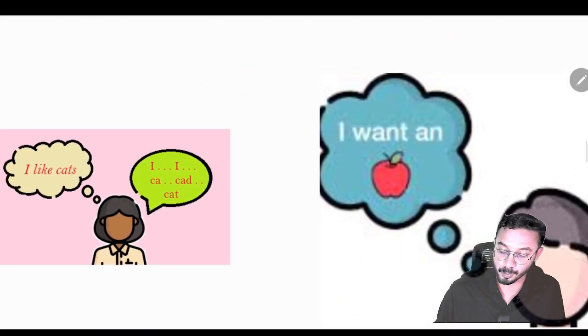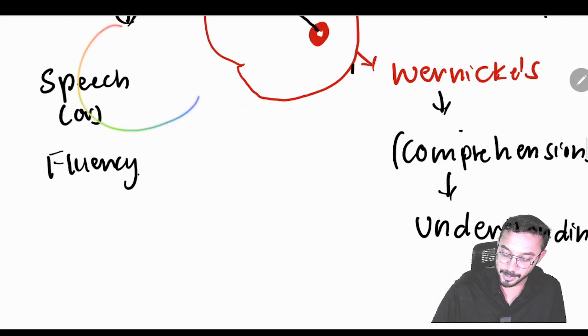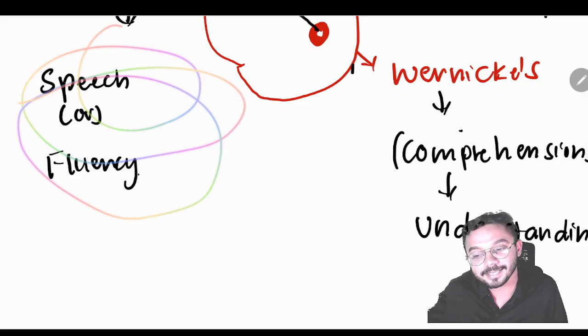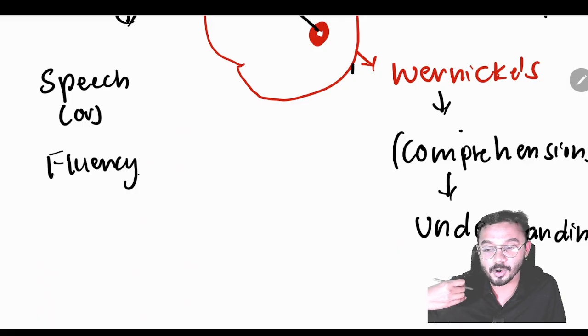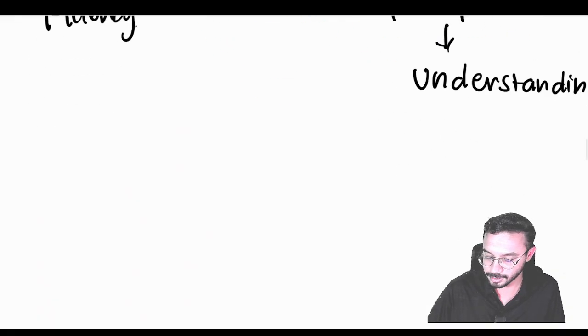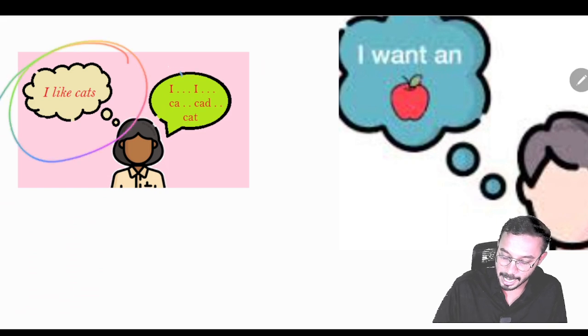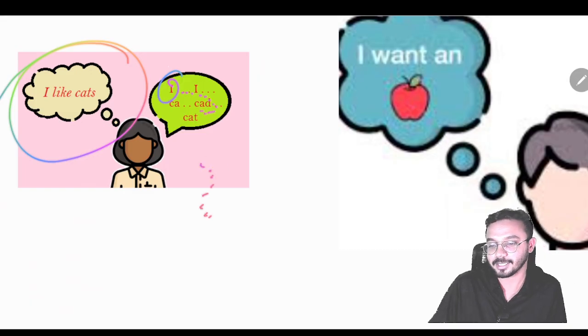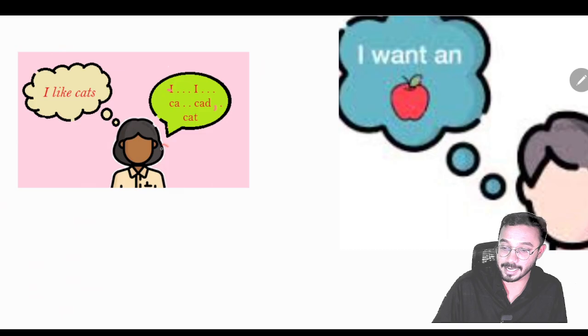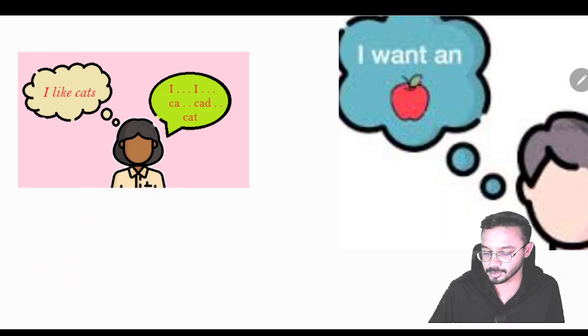So if Broca's area gets damaged, what will happen? The person can understand, but cannot speak. Fluency is lacking. So he says I like cats, but instead he'll say something like "I cat". He can tell, but the fluency is lost.